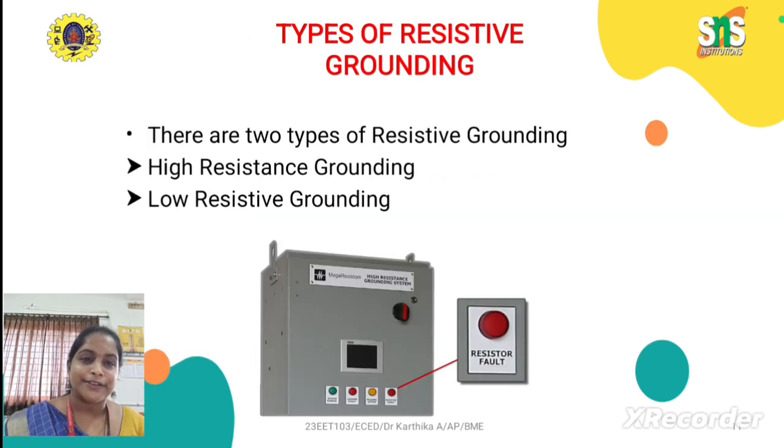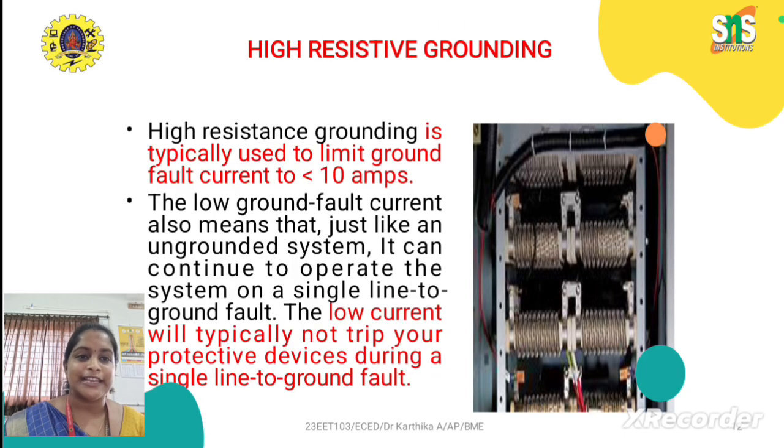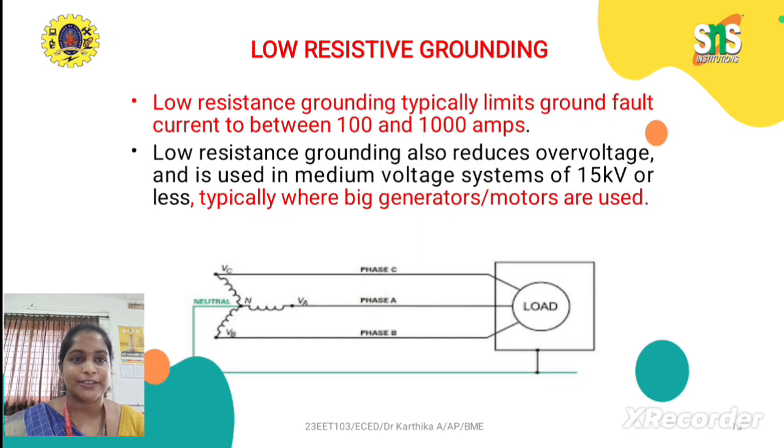Types of resistive grounding: we have high resistance grounding and low resistance grounding. High resistance grounding is typically used to limit ground fault current to less than 10 amps. The low current will not trip your protective devices during a single line to ground fault. Low resistance grounding typically limits the current to between 100 and 1000 amps.